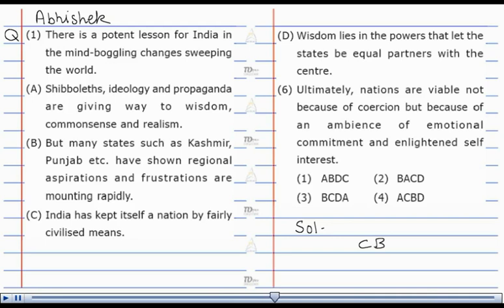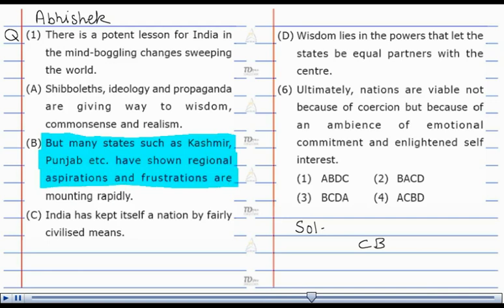And statement B says that but many such states as Kashmir, Punjab, etc. have shown regional aspirations and frustrations are mounting rapidly. Statement B starts with the word but. It means that it is trying to bring out a contrasting view, and the view here is that of Kashmir and Punjab showing regional aspirations and frustrations.